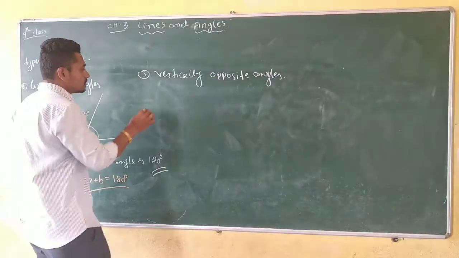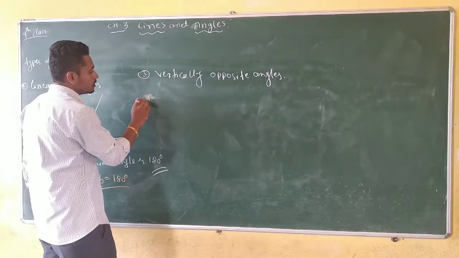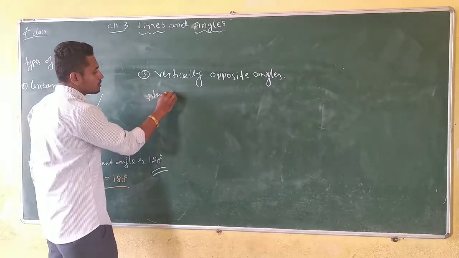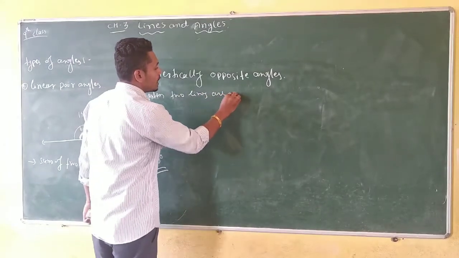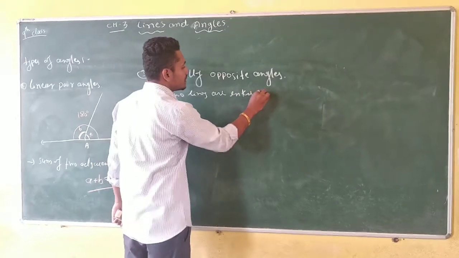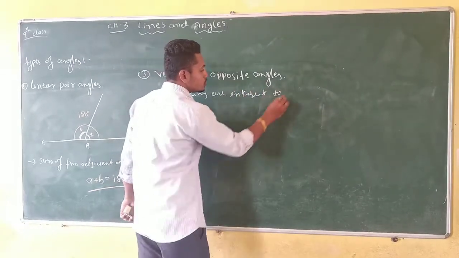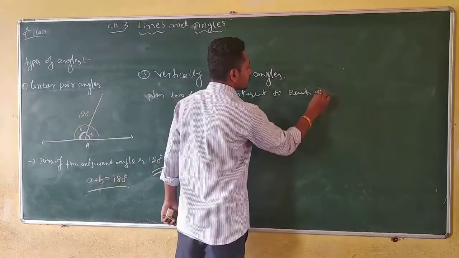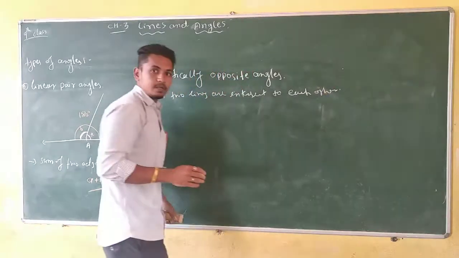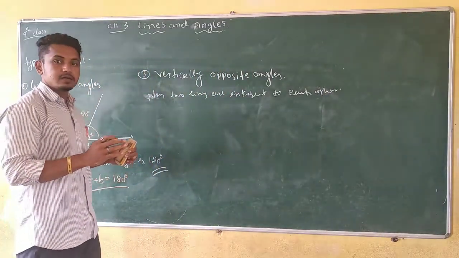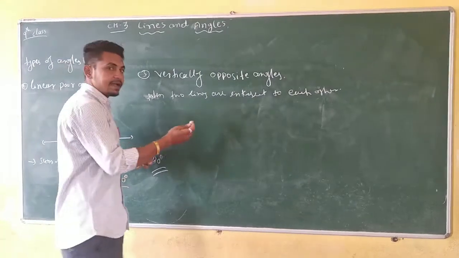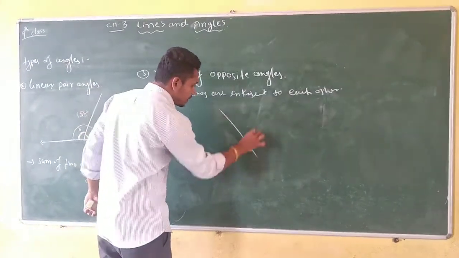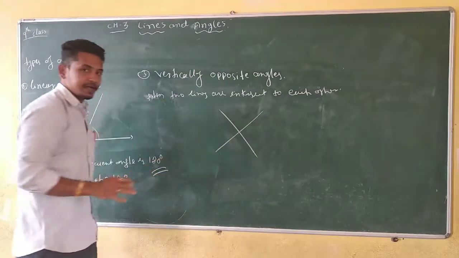So when two lines intersect each other and make angles, for example, see here, the two lines intersect each other.